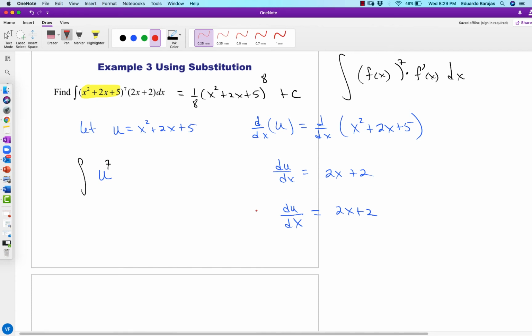So I'm going to multiply this side by dx, multiply this side by dx. These guys cancel. And what I have then is that du equals 2x plus 2 times dx. Well, and lucky for us, that's exactly what this is.